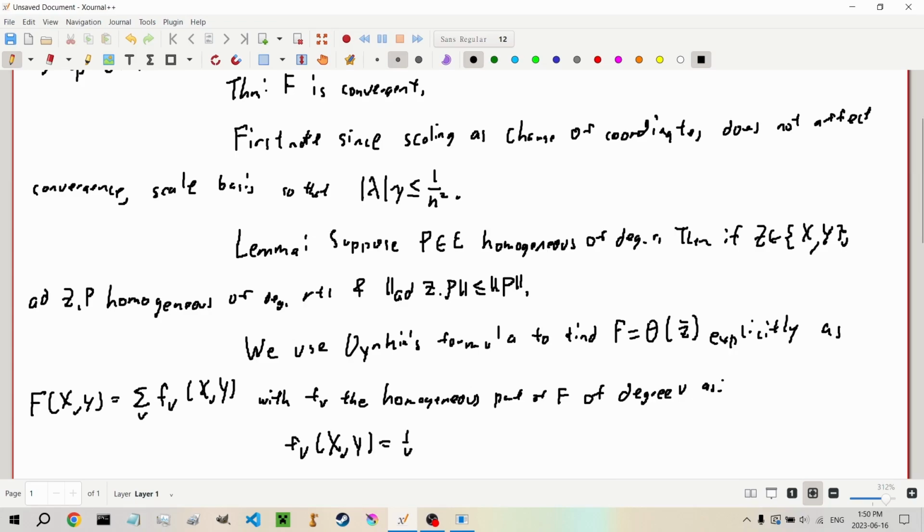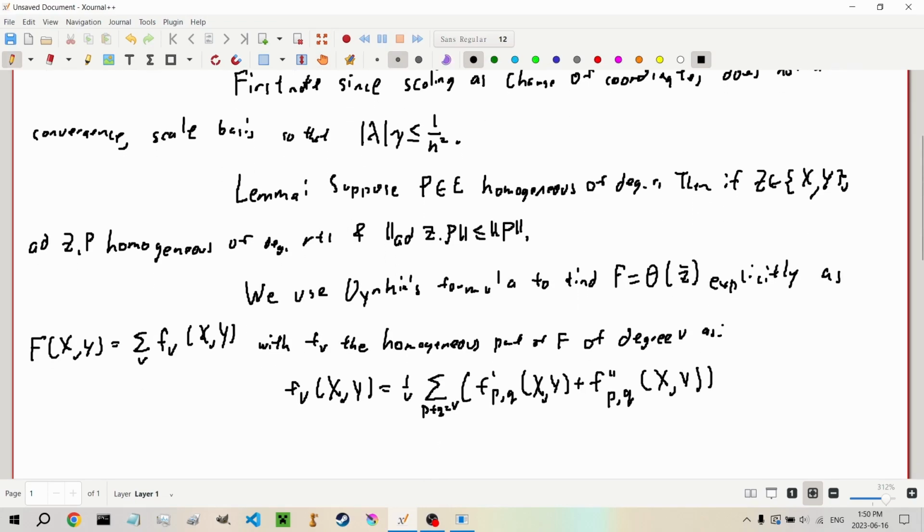is 1 over nu, and then times the sum over p plus q having to equal nu of f prime of p comma q of x comma y plus f double prime sub p q of x comma y, and once again we will need explicit forms of each of these. Start with that.